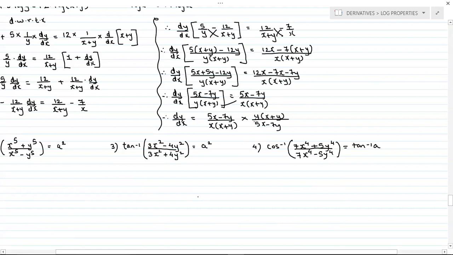After this, clearly we can see that this 5x minus 7y is common here. Even x plus y is common, so you will be left with what? dy by dx equals y upon x. So hence it is proved.